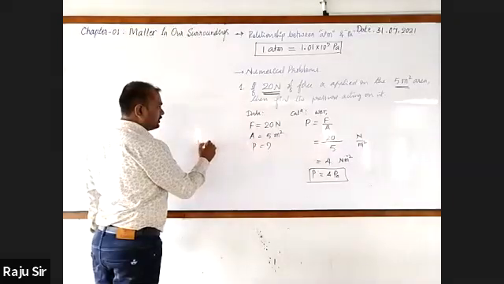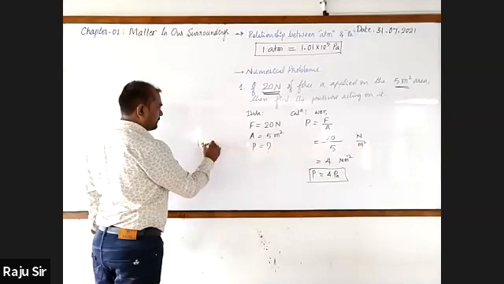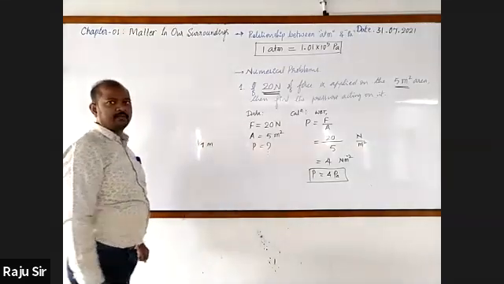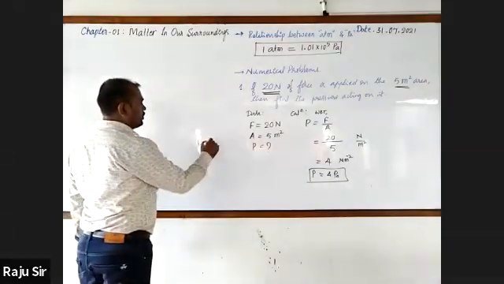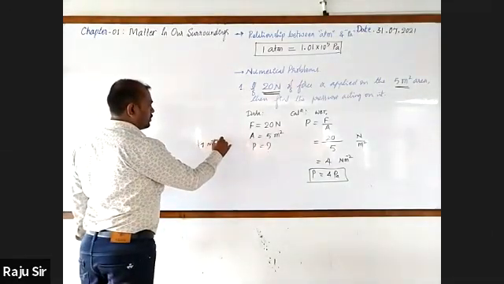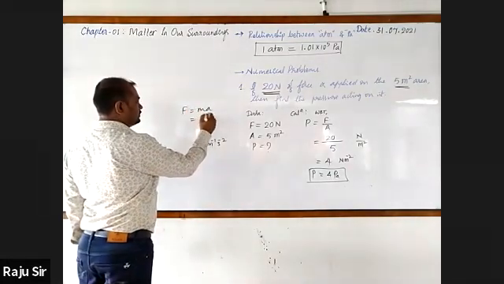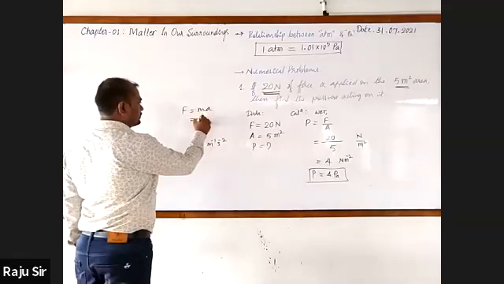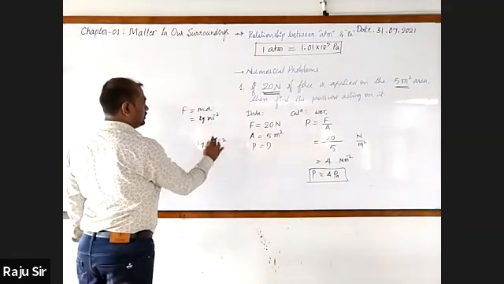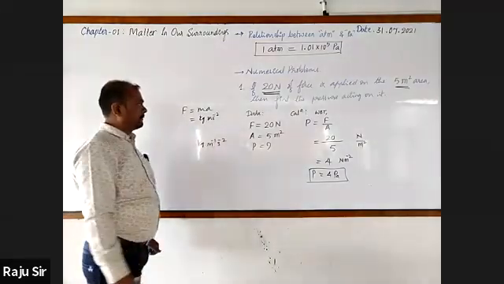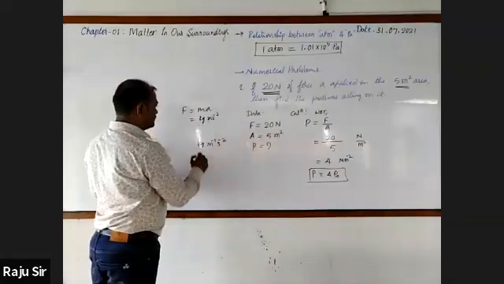Kg m power -1 s power -2. F is equal to M into A. Mass is kilogram, acceleration is meter per second square, so force can be written as kg meter per second square.